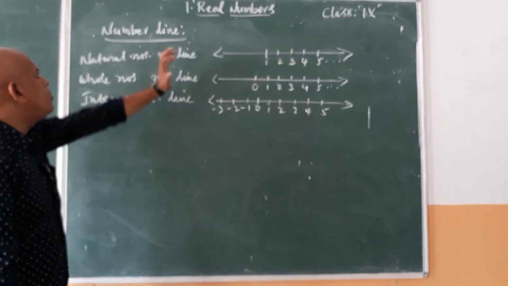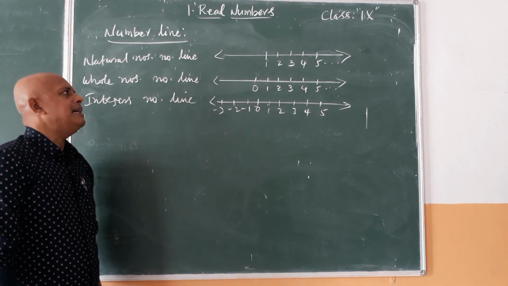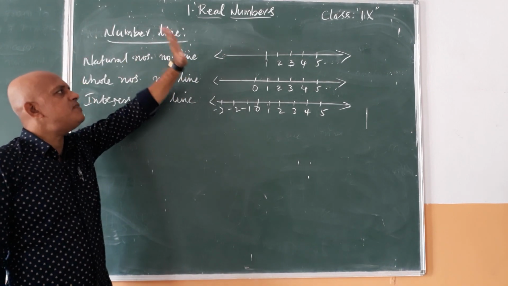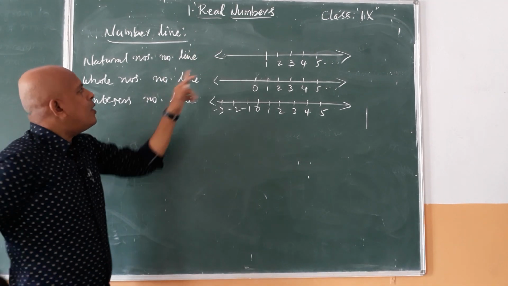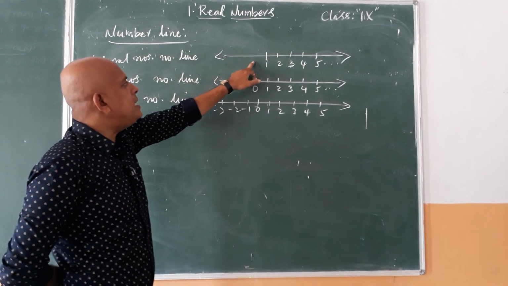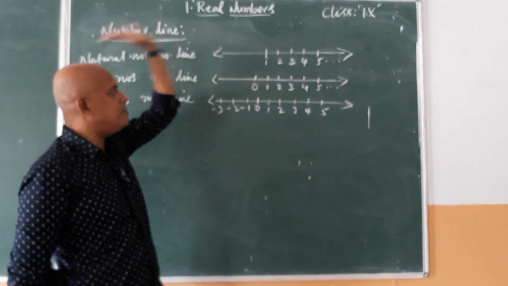Now we are going to represent the numbers on the number line. What is a number line? The numbers which are represented on a line form what we call a number line. So what is this first one? The natural numbers number line. On this line there are only natural numbers, that's why it is called the natural numbers number line.